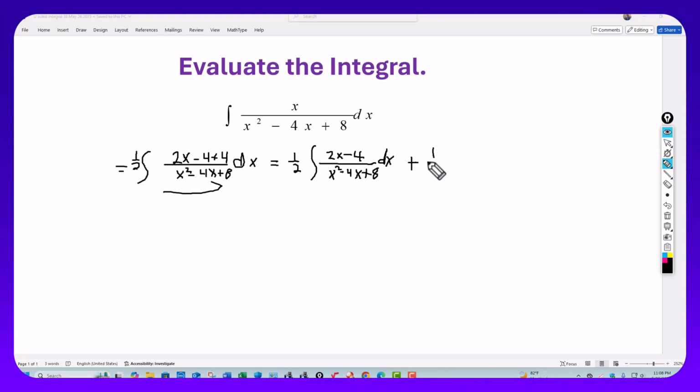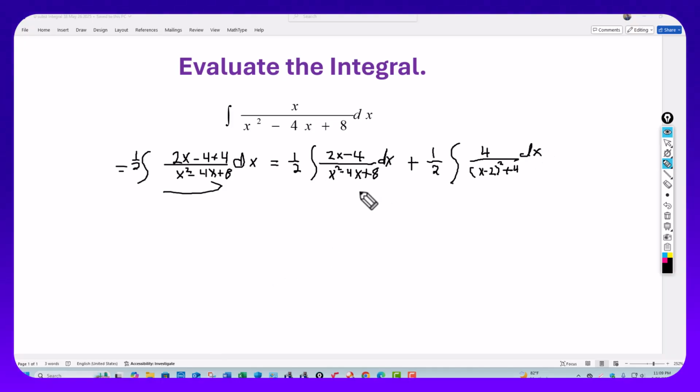Still got the 1/2 out here. And then this time it'll be the 4. And then I'm going to rewrite the denominator the way I did earlier. So instead of writing x squared minus 4x plus 8, I'm going to write this as (x minus 2) quantity squared plus 4. And you get the dx over here.